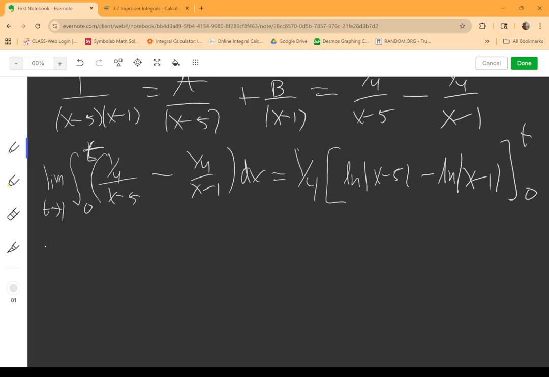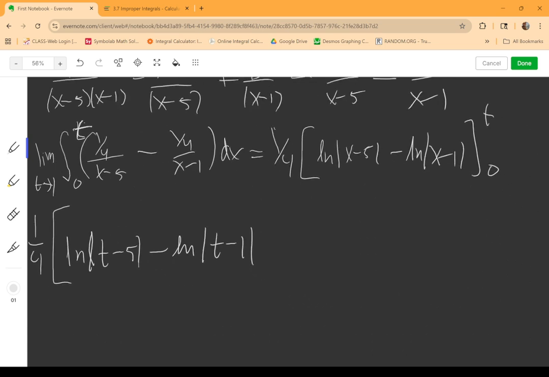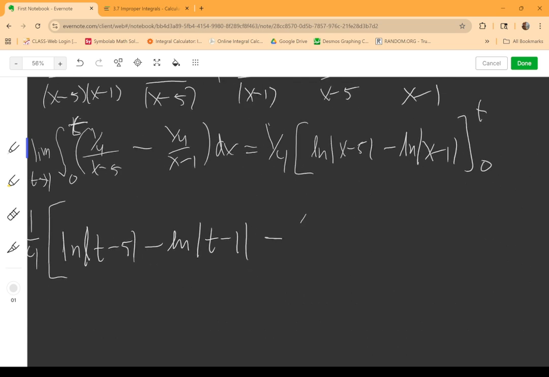So when I plug in, again, 1/4, ln of absolute value t minus 5 minus ln of absolute value t minus 1. And then when I plug in 0, we get minus ln absolute value of negative 5 minus ln absolute value of negative 1.